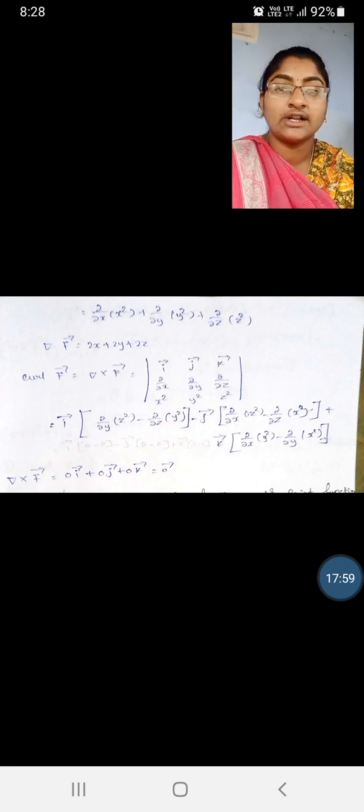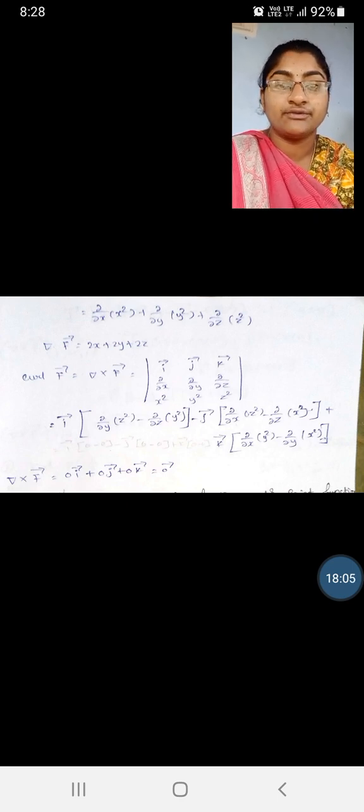Now, the first term differentiated with respect to x gives 2x. Then differentiating with respect to y gives 2y, and with respect to z gives 2z. So, hence I find the value for the divergence, that is del dot f vector is equal to 2x plus 2y plus 2z. Next, we have to find the value for curl f vector, that is del cross f vector.